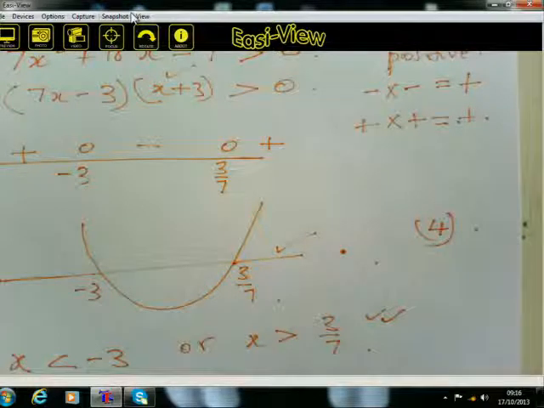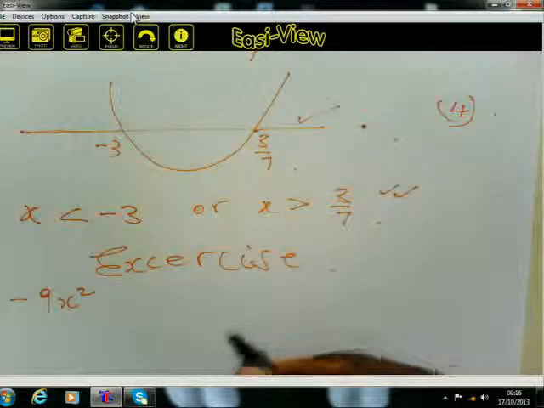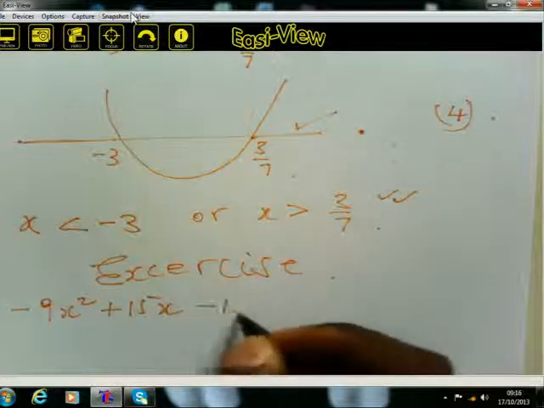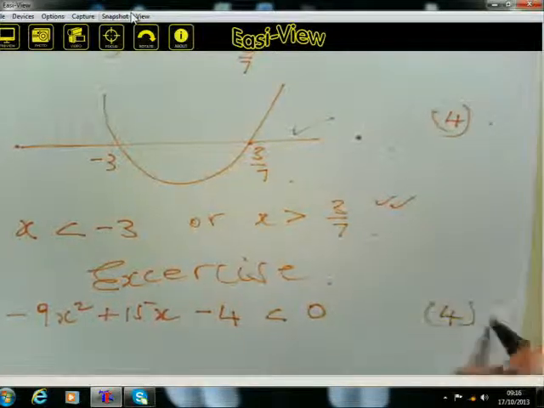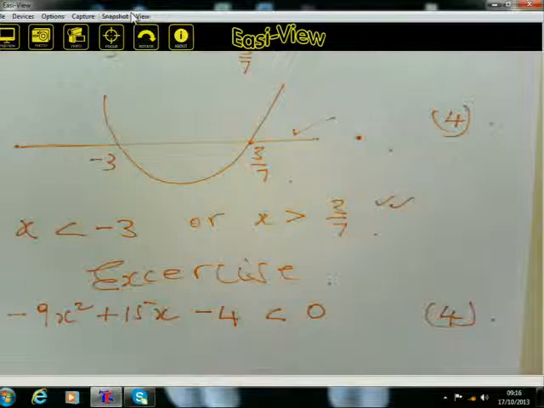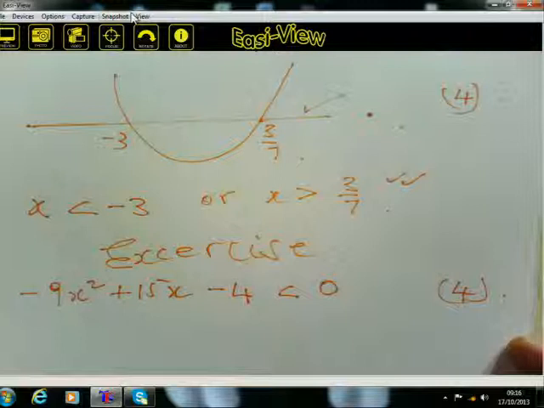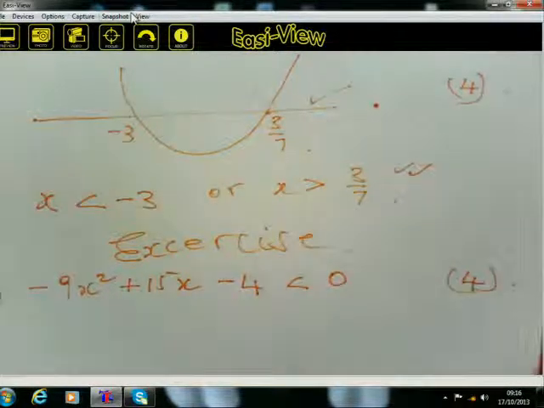Now, this one is going to be negative 9x squared plus 15x minus 4 is less than 0, and it counts 4 marks also. Now, let's try this one as an exercise. I'm going to give you something like 3 to 4 minutes to answer this one here.